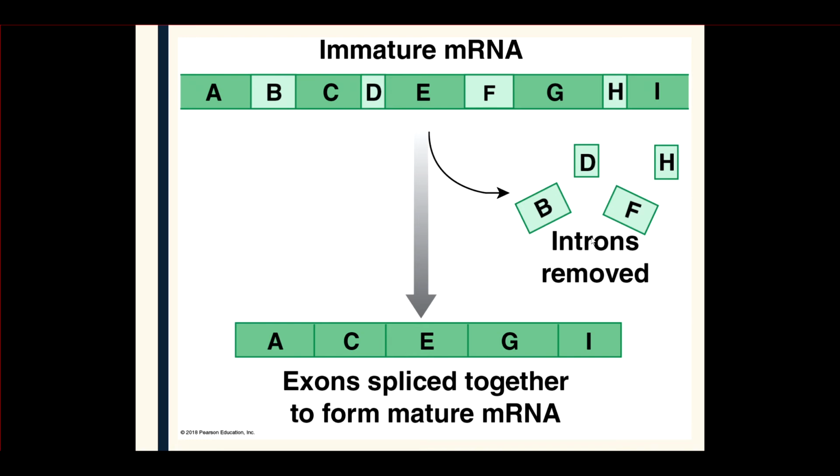So the introns are cut out, and then we splice together the remaining exons. Now, this is the final version of the messenger RNA. This now has the exact copy of the DNA that we need to build our protein.